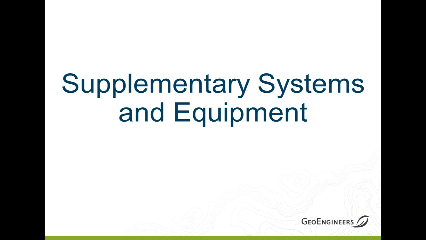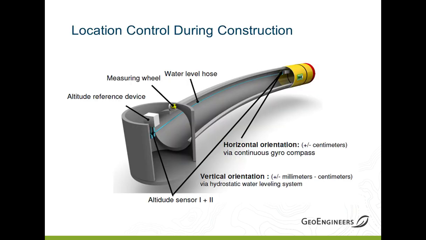Okay, so talk a little bit about the other systems that are involved in a direct pipe crossing. During construction, it's important, of course, to know where your machine is at. So there's really three primary location control systems.